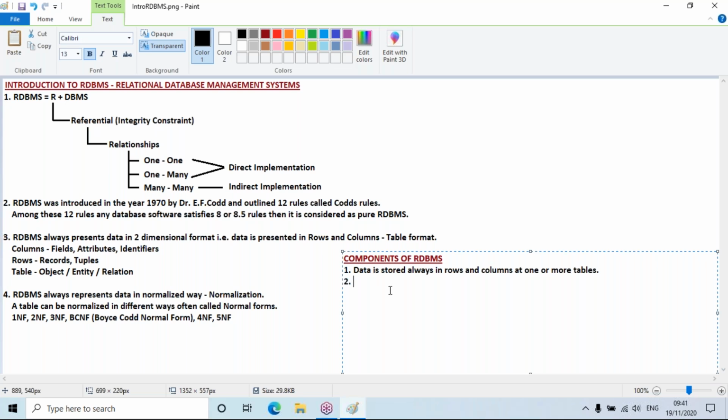The second rule that we have is that a set of operators applied on one or more tables, nothing but called relations, always produces a new table for output.